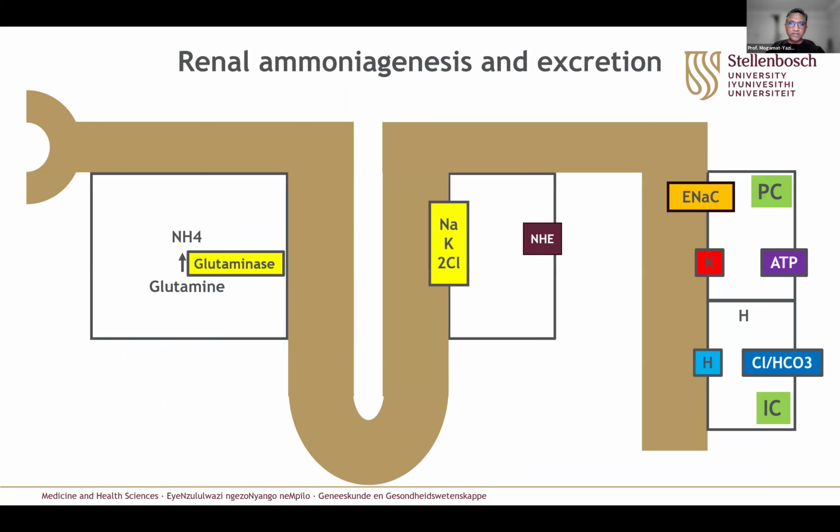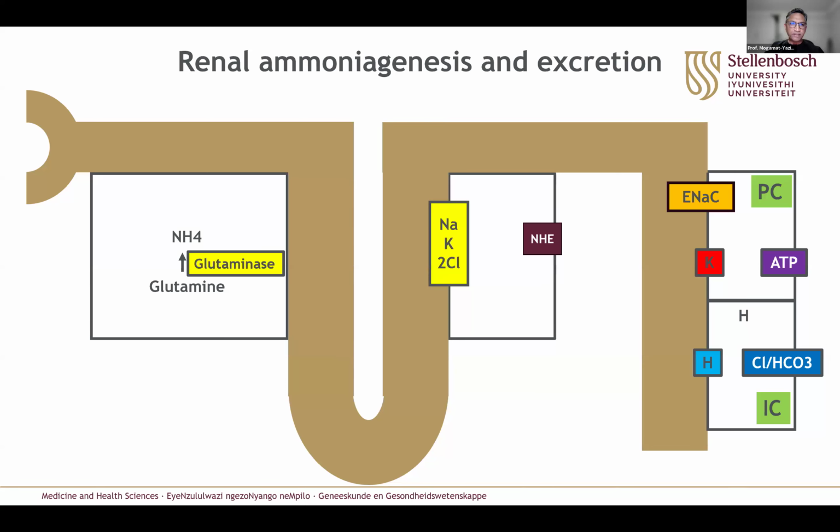So with regards to renal ammonia genesis and excretion, I just want to show you what normally happens, how this is synthesized and produced. So glutamine in the proximal tubule, under the effect of glutaminase, an enzyme found in that part of the tubule of the proximal cells, converts glutamine into ammonium.